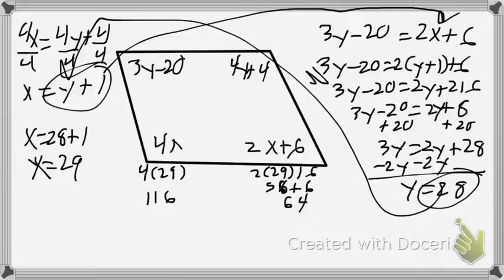Plus 6 is 64. We add those together and we get 180. Now let's try it with the y's, with 28. 3y minus 20, that gives us 84 minus 20, or 64. 4 times 28 plus 4 is going to give us 116. Check it out. 64 and 116, both sides.